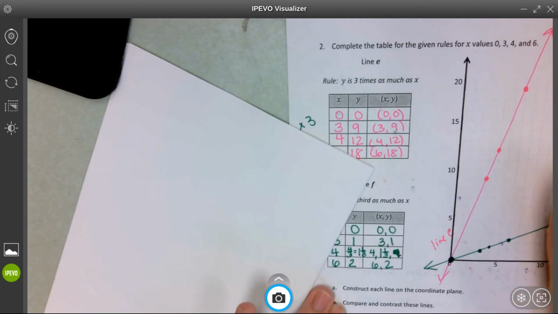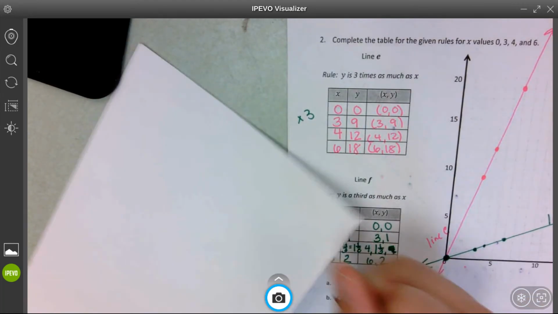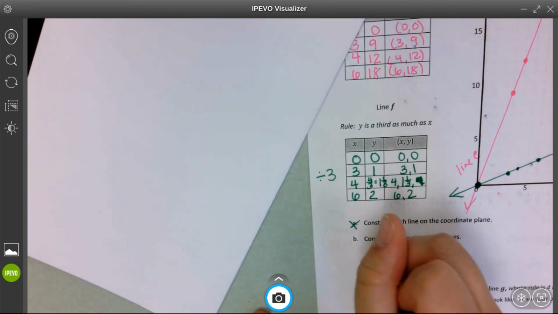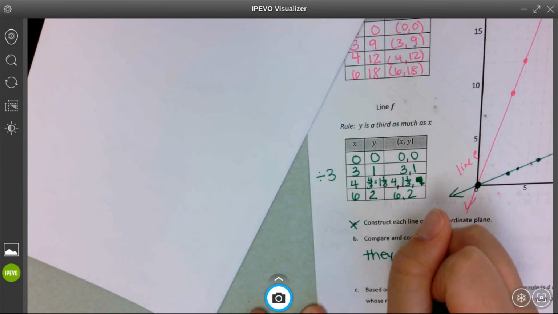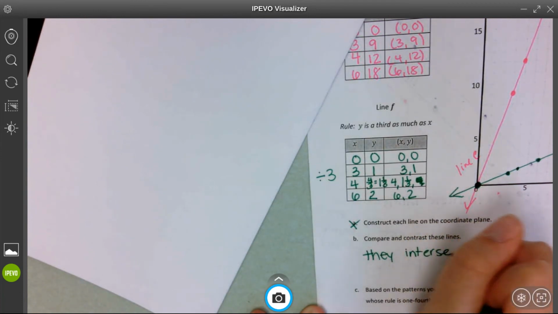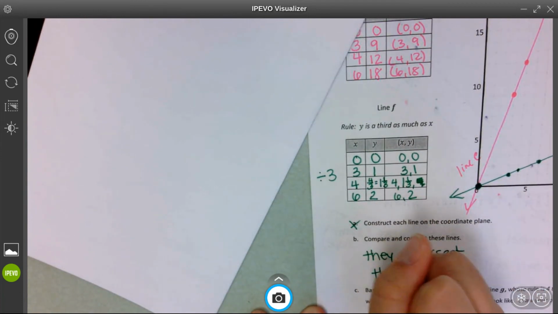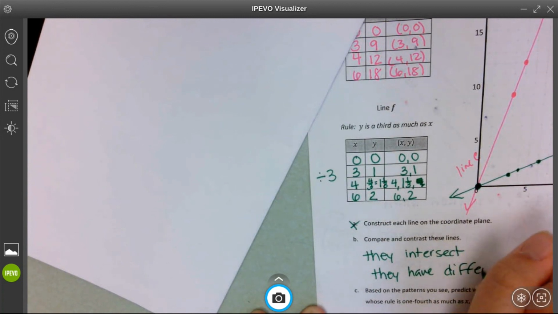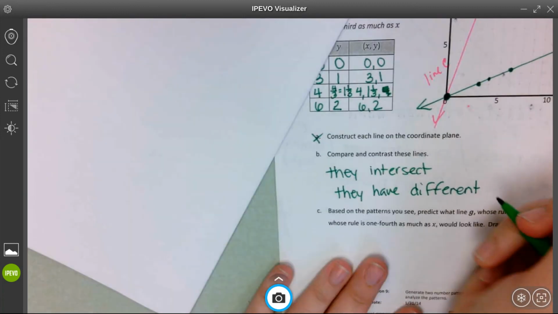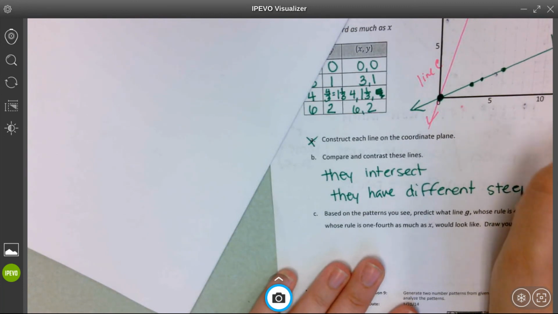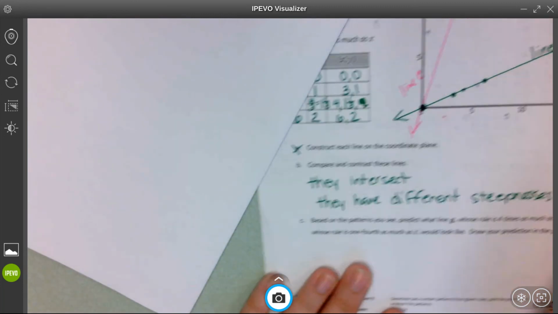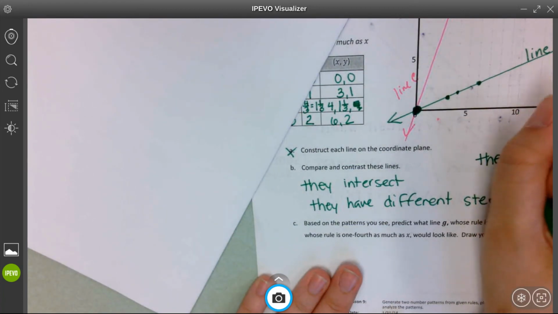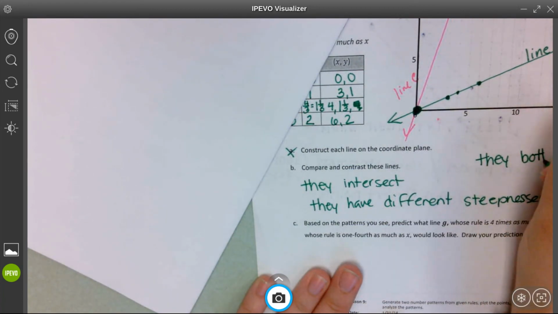And that's line F. So we can say they intersect. They have different steepnesses, but they both cross at 0, 0, or the origin.